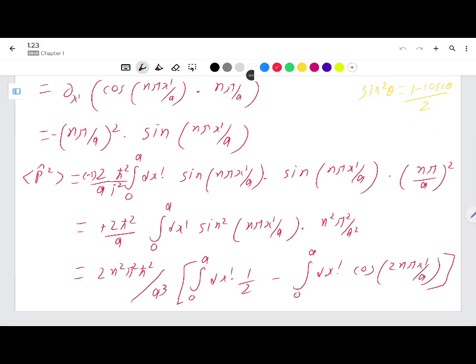Okay, so after integration this will become sine 2n pi minus sine 0, which is equal to 0. So after integration this is 0. We are only left with this term, which will be a by 2.